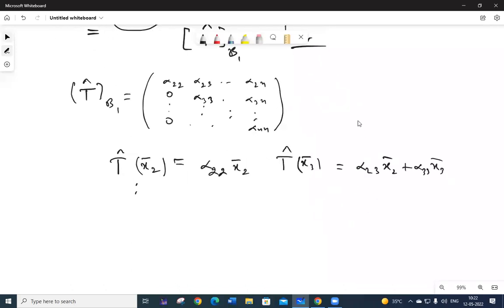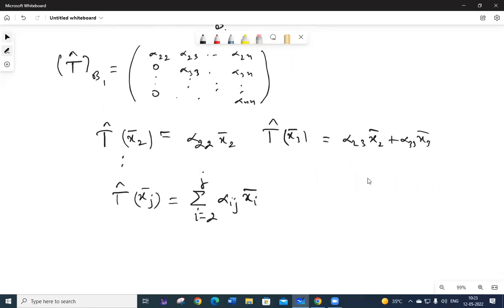Continuing like that, we can generally write T cap of xj bar, which is given by the sum with i starting from 2 to j of alpha ij xi bar. Most generally, we can write this way.